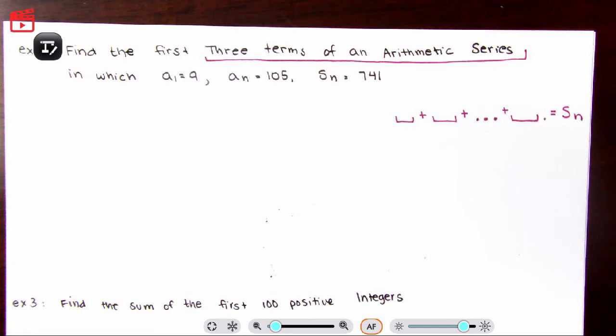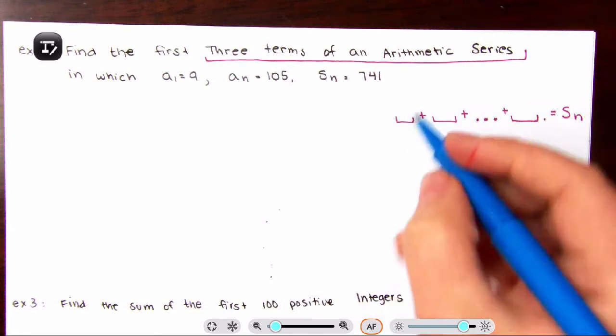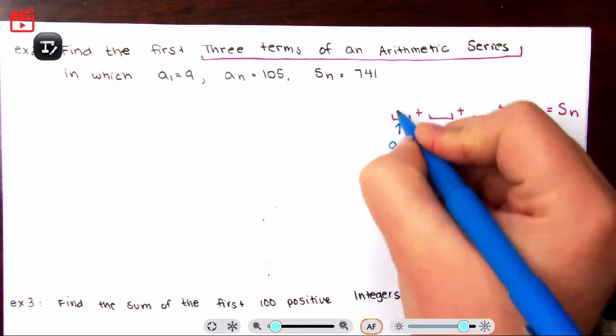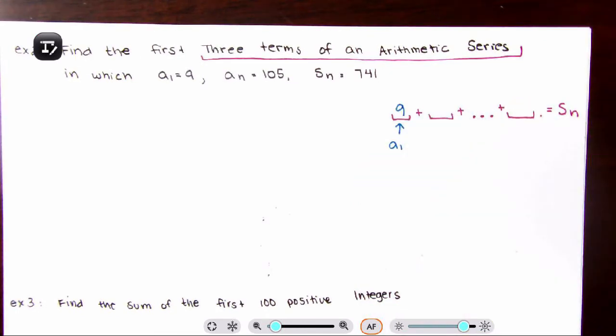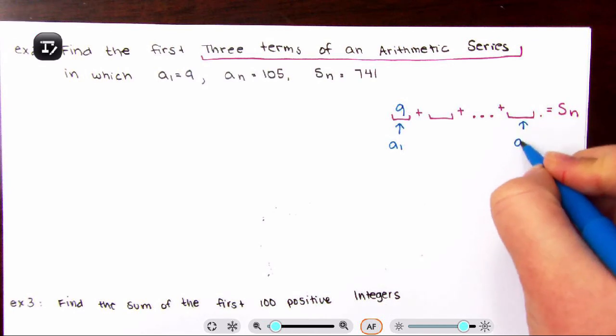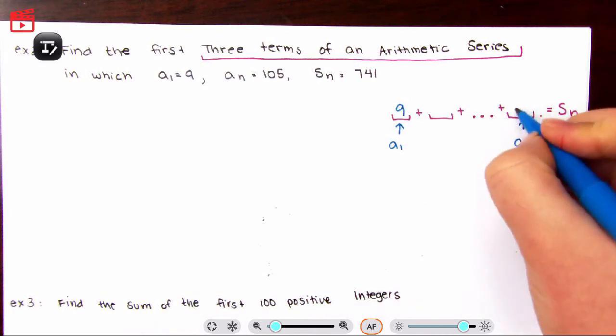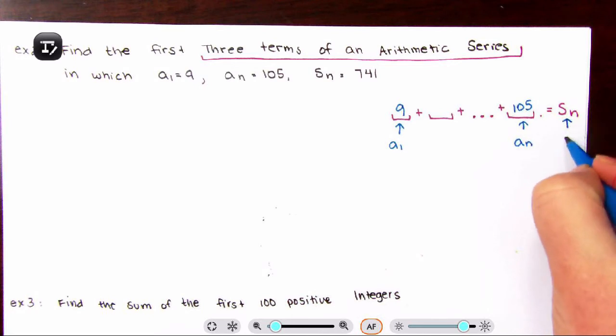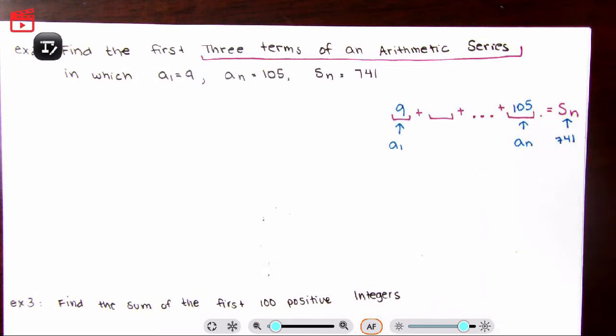So they do give us a little bit of information, so let's plug that in. They did tell us that the number in the first position is 9. They did tell us that the last number in the nth position is 105. And they did tell us that s sub n is 741.